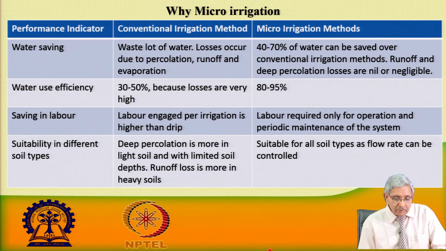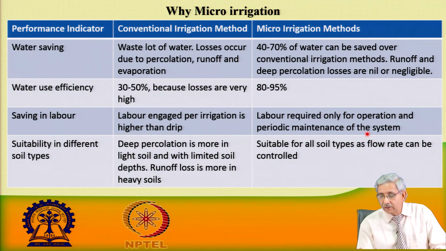The saving in labor per irrigation is higher than in other improved irrigation methods, since labor is required only for operation or periodic maintenance.